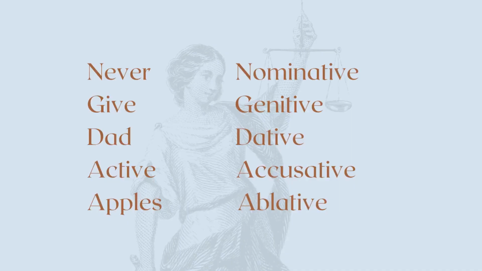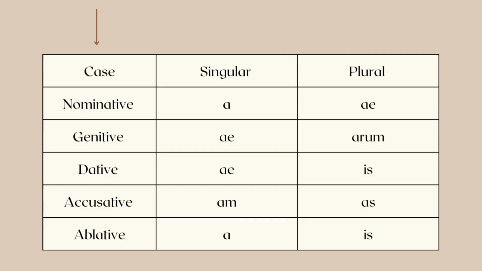There is an acronym. It's a little bit silly, but it may help you to remember these cases. Never give Dad active apples. You can see that the first letters correspond to the first letters of the case names. The order that I've given here isn't necessarily the order you'll find in other textbooks.